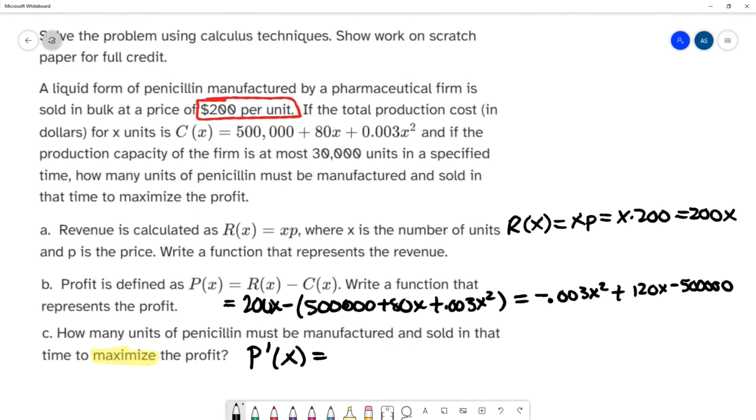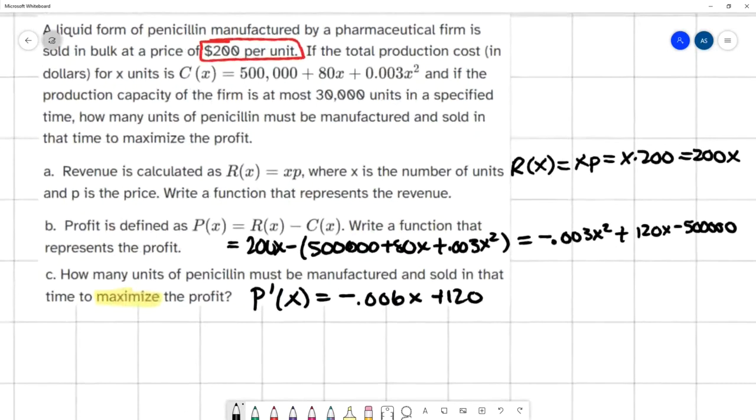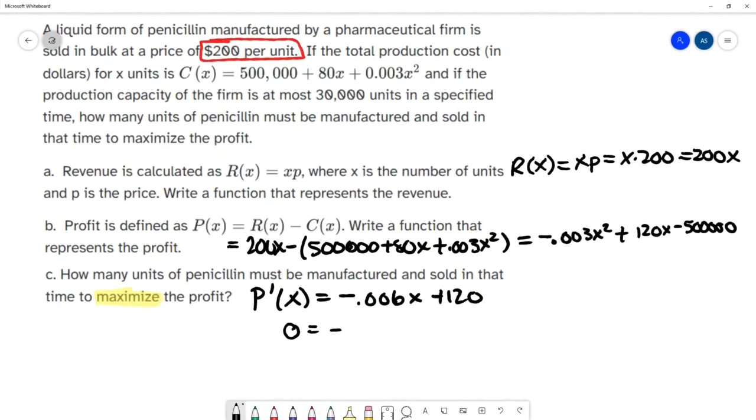The derivative of our profit function will be negative 0.006x plus 120. We're going to find our critical numbers by setting that equal to 0. We don't need to worry about it being undefined since this is a polynomial function.